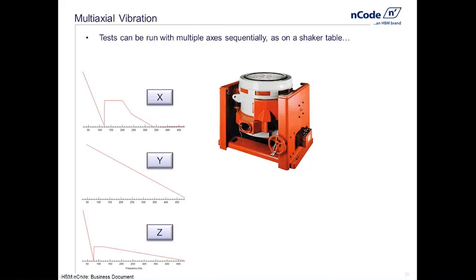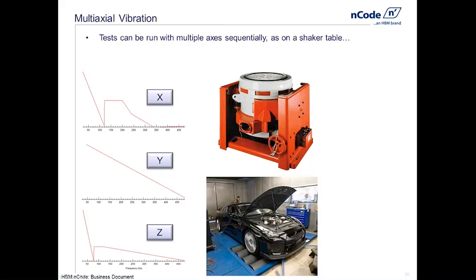And then we turn the part 90 degrees and give it a shake with maybe a different frequency spectrum, different PSD loading in the Y direction, and then the Z direction. That's typically one boundary condition or constraint of a test rig like this, that it's often capable of only shaking one direction at a time. So we typically run 3 axes in sequence, not simultaneously.